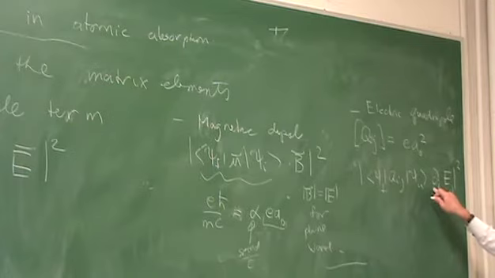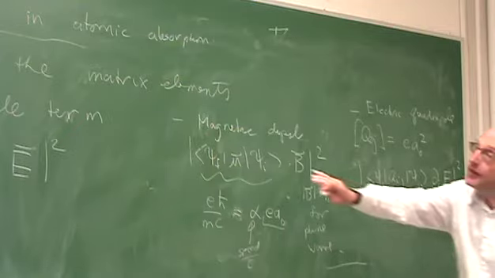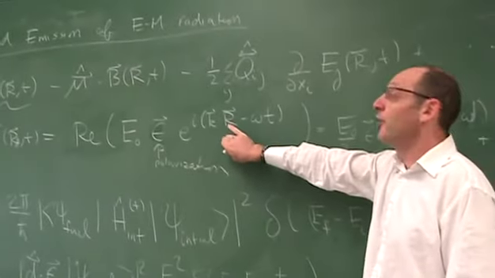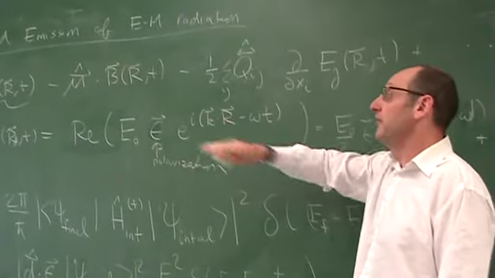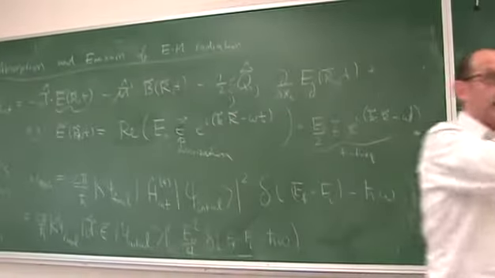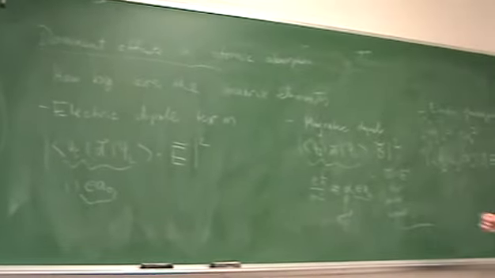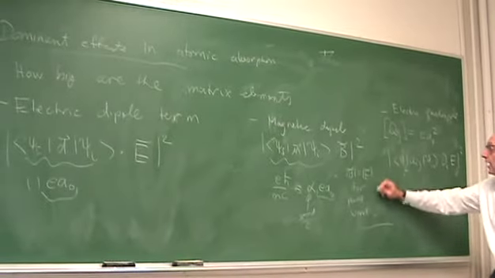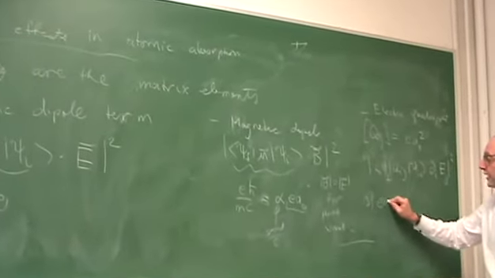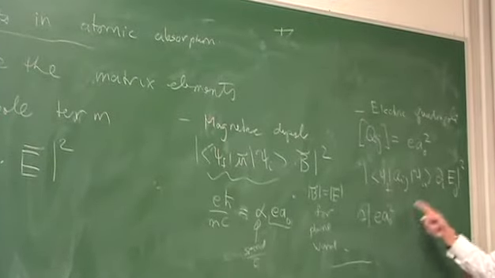Well, what about this derivative? This is the gradient of the electric field. If we're thinking about this as a plane wave, then the gradient is the derivative, which is basically the wavelength. That's the scale over which the electric field is changing in an electromagnetic wave. So the quadrupole moment will be on the order of the strength of the dipole moment times that.